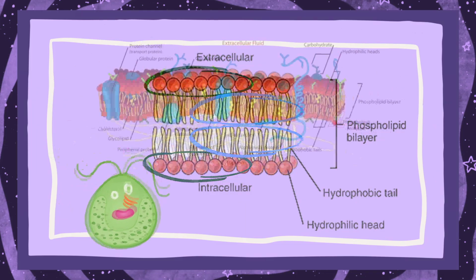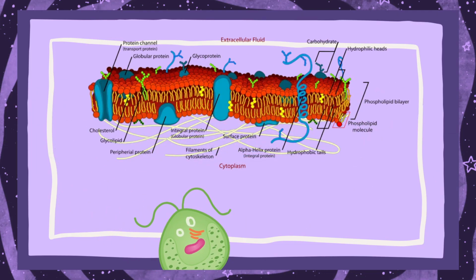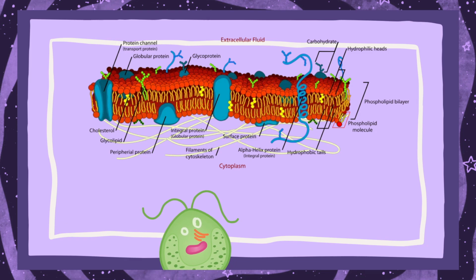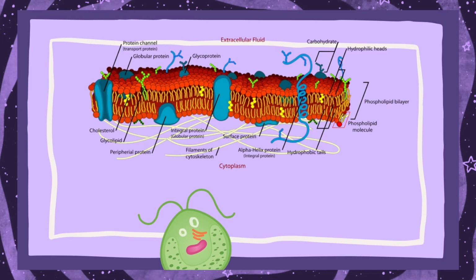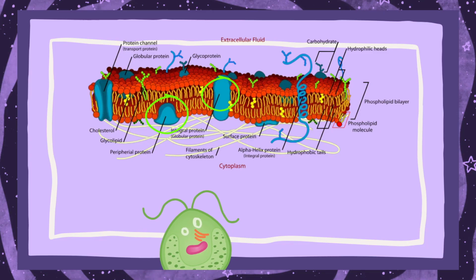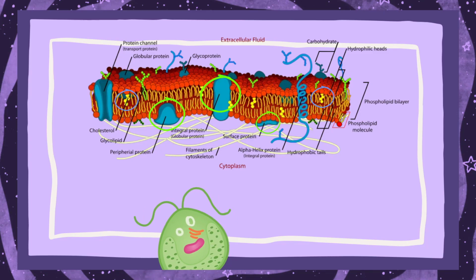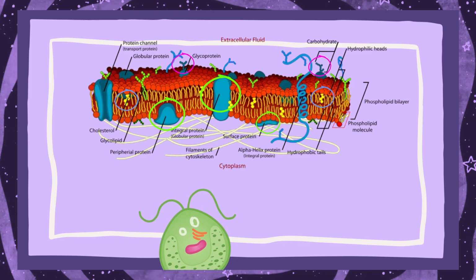The membrane is described by the fluid mosaic model. It is called fluid because the phospholipids and many embedded proteins can move sideways within the layer, giving the membrane flexibility. It is called a mosaic because it is made of many different components working together in one structure. These components include proteins, cholesterol, and carbohydrates. Proteins are responsible for many functions, including transporting materials across the membrane and receiving signals from other cells.